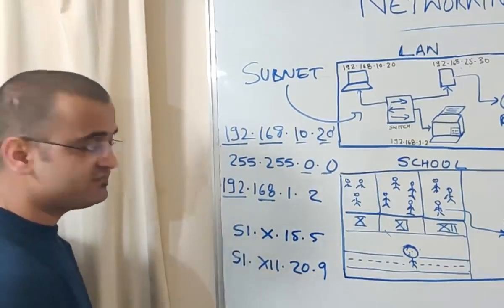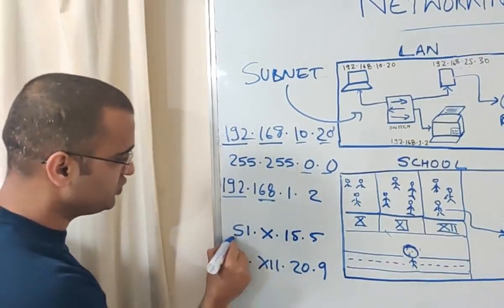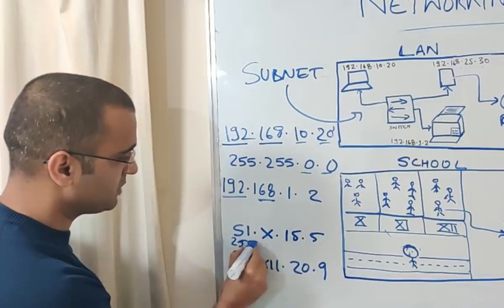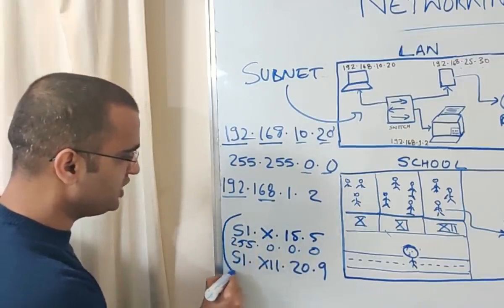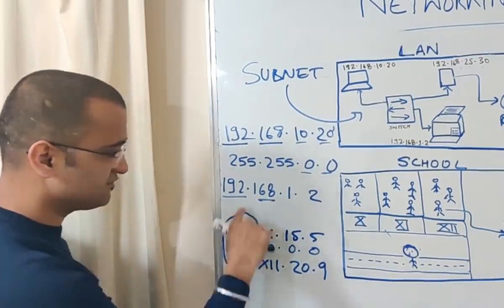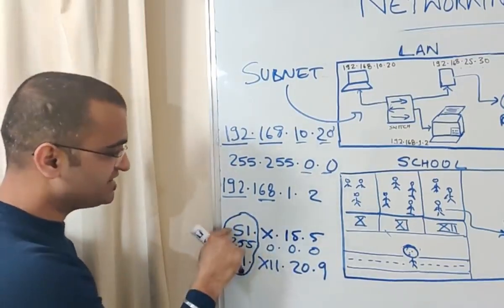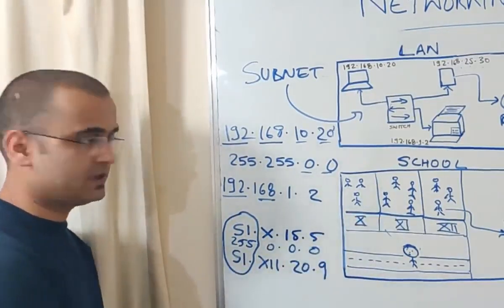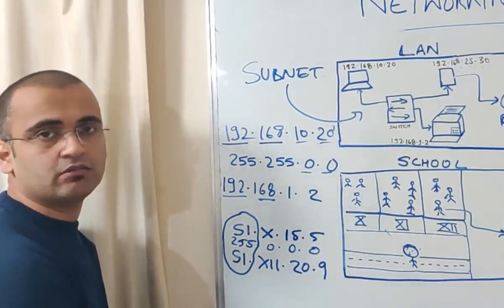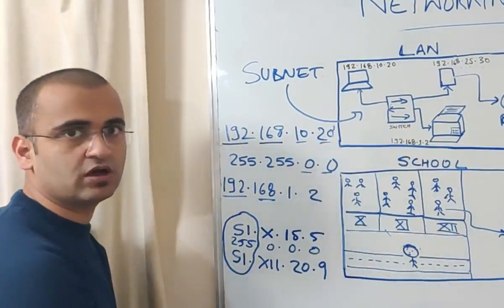What would be the subnet range for this? You can identify. It would be 255.0.0.0 because we are only comparing the first part. If it matches with S1, that means these two students are from the same school and they can talk within this school network.